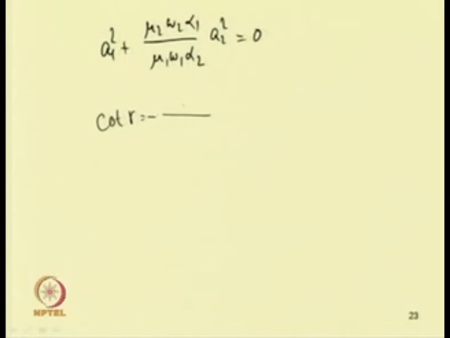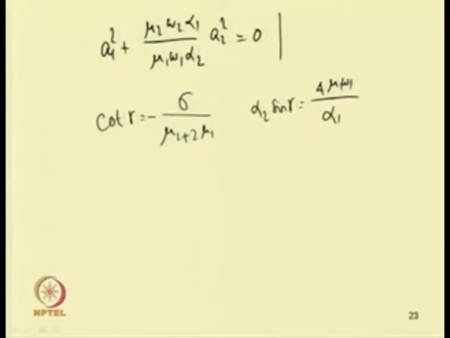In this case one can observe that the equation reduces to this form: a 1 square plus mu 2 omega 2 alpha 1 by mu 1 omega 1 alpha 2 a 2 square is equal to 0, and one can write cot gamma equal to minus sigma by mu 2 plus 2 mu 1, and alpha 2 sin gamma equal to 4 mu 1 omega 1 by alpha 1.